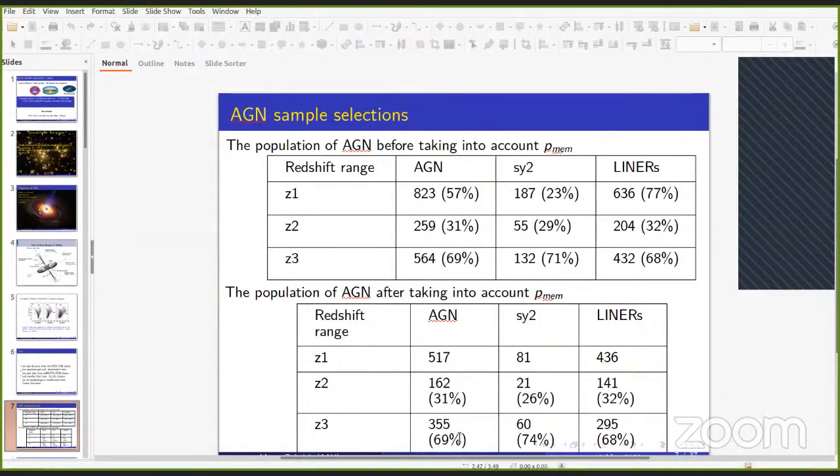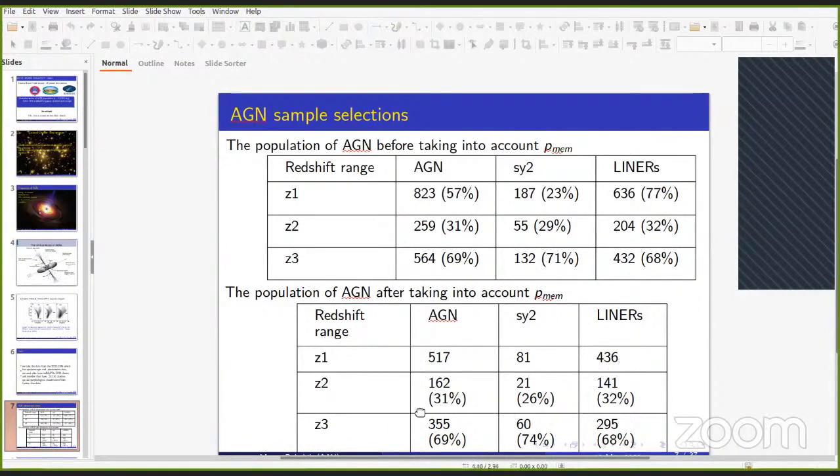Most of the AGNs are found at high redshift ranges. Most of them are LINERs, 436 of them, and 81 are Sy2. This is for all redshift ranges.